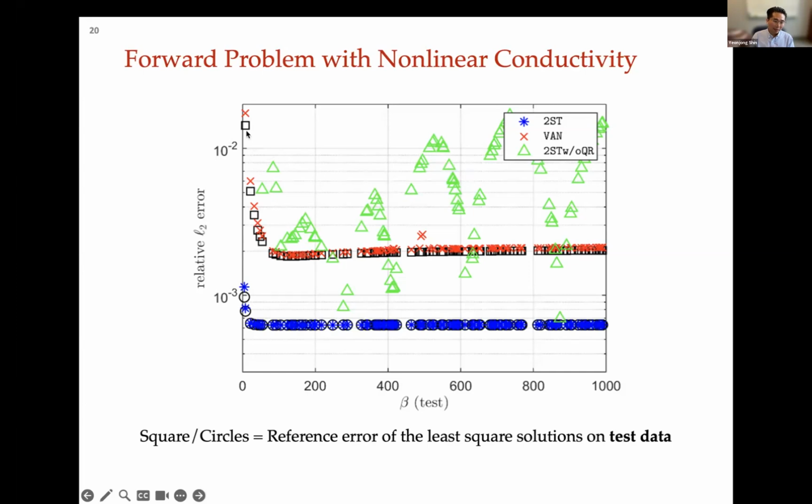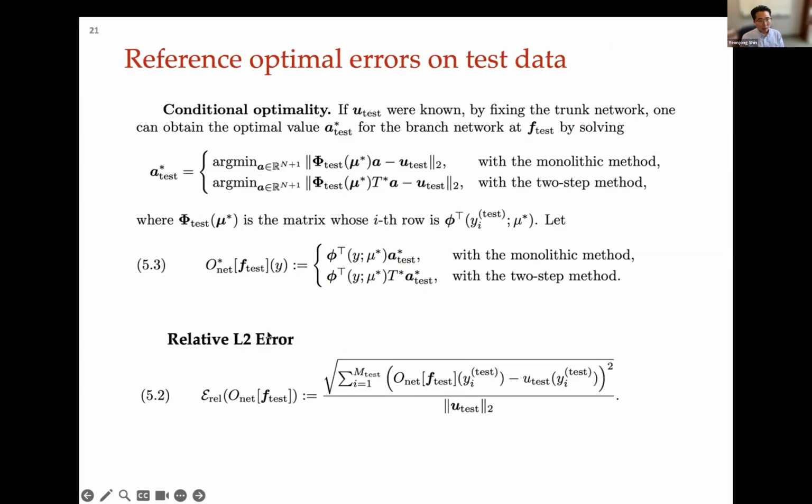Also you may see the squares and the circles, and let me explain a little bit what this means. They indicate the relative L2 error in the conditional optimal sense. Suppose the trunk network is fixed. Hypothetically, given F test, we know U test.